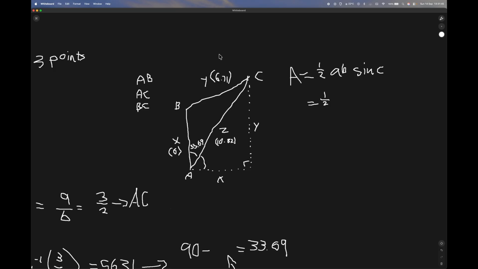All we need to remember is this side here is side a, this is side b, and the angle here is angle C. Half times a, which is 10.82, times 6, times sine of the angle.